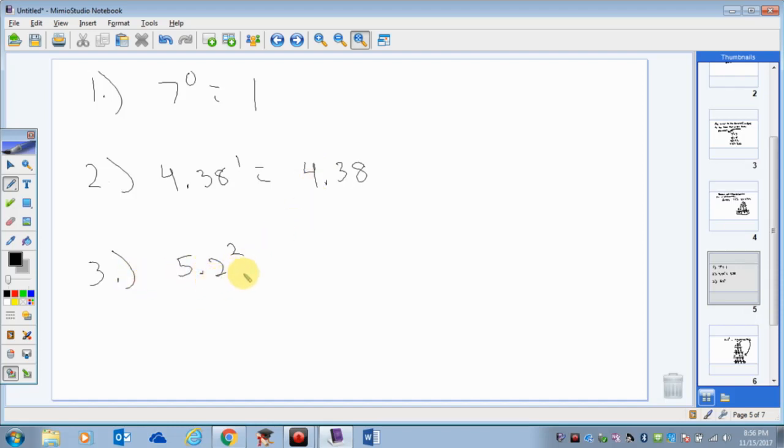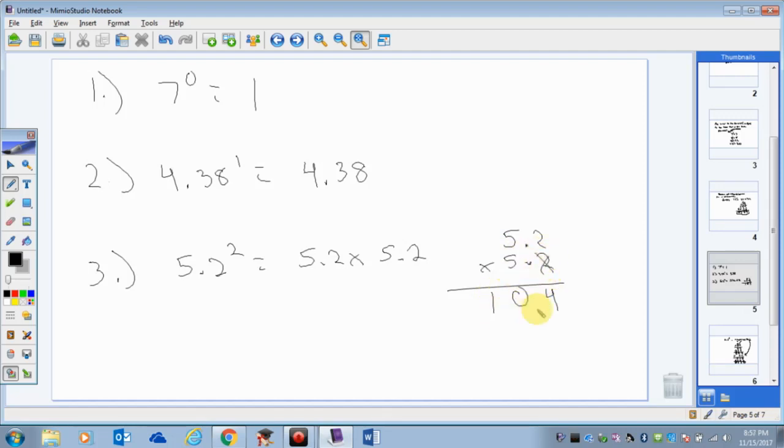5.2 to the second power means 5.2 times 5.2. So all I got to do is work that out. First of all, there's 2 places behind the decimal in the problem total, so there will be that many in the answer. So I just got to remember that for when I'm writing the answer. So 2 times 2 is 4. 2 times 5 is 10.